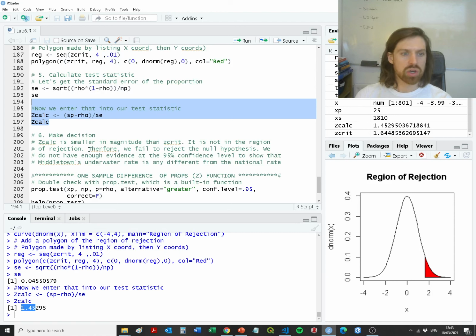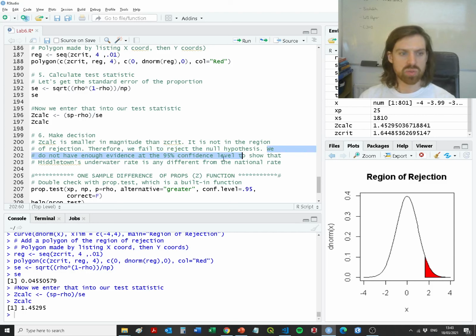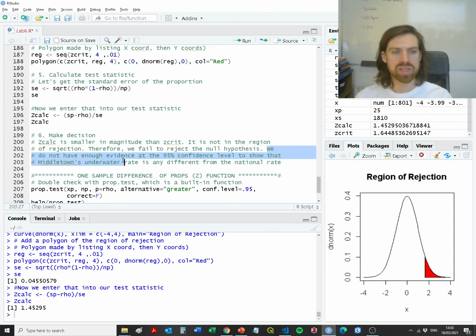So, as a consequence, we fail to reject the null hypothesis. This means that we do not have enough evidence at the 95% confidence level to show that Middletown's underwater rate is any different from the national rate. Okay, so that's the way that you want to report your findings here. There's not enough evidence to reject the null hypothesis.